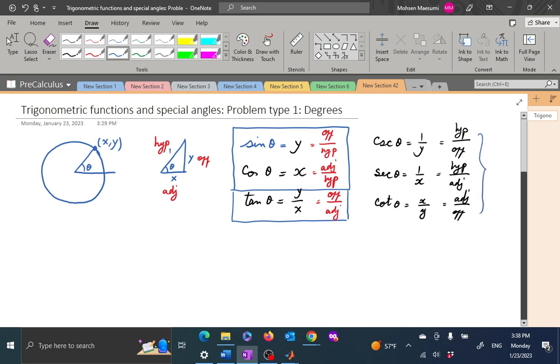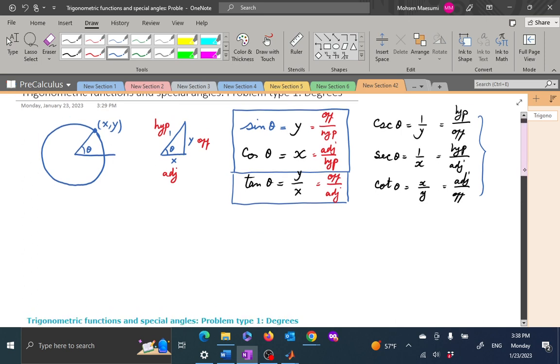These three do not show up on most calculators, and you have to do one small step to calculate them yourself. Okay, so that's the definition of these six functions.